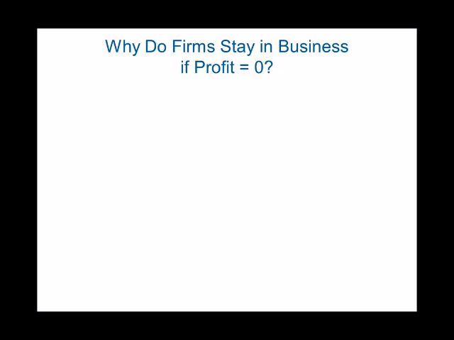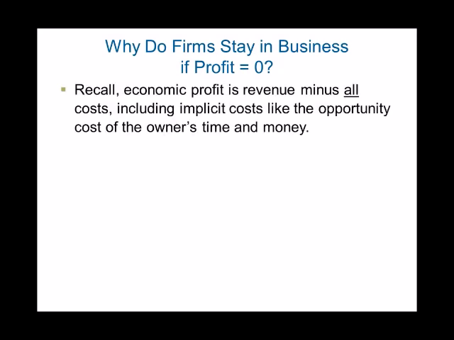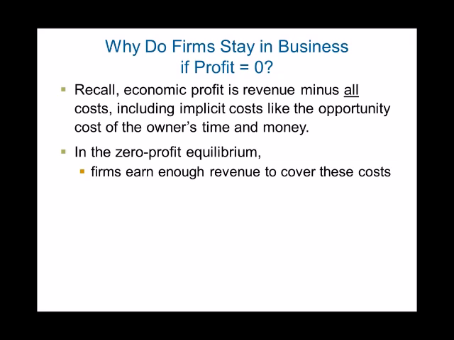Why do firms stay in business if profit is zero? Well, because if you recall from the cost chapter, economic profit is revenue minus all the costs. And they also include implicit cost, which is the opportunity cost of the owner's time. In a zero profit condition, firms earn enough to cover these costs. So they earn enough to cover the cost of the owner's time and money. You could still have accounting profit that is positive.